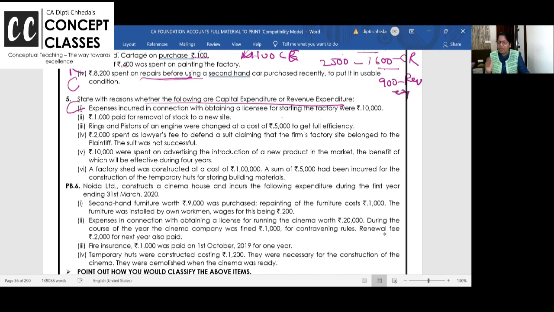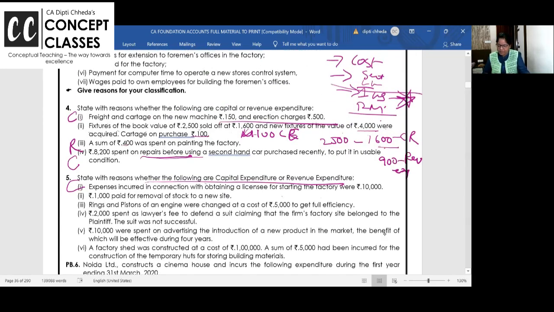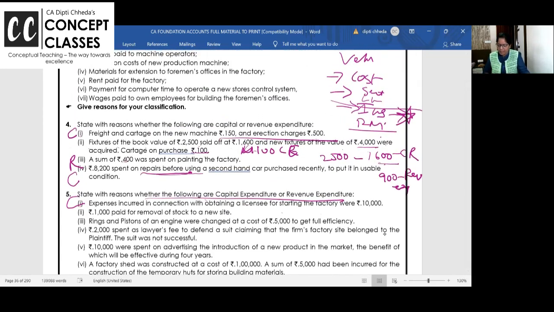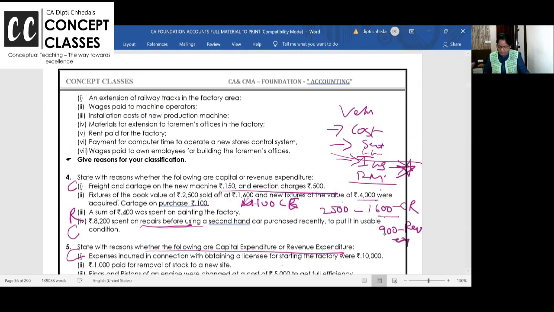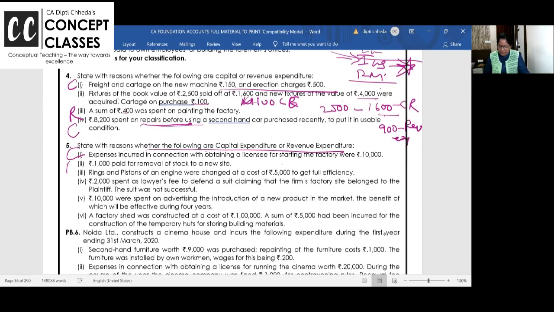1,000 paid for removal of the stock to the new site. Revenue expenditure, you are just changing the site. Rings and pistons were changed for fuel efficiency, capital expenditure. 2,000 spent on lawyers' fees to defend a suit claiming that the firm's factory site belonged to the plaintiff. The suit was not successful.